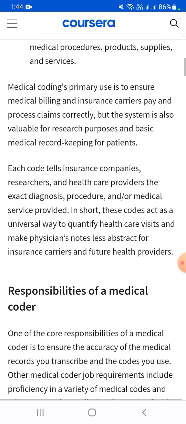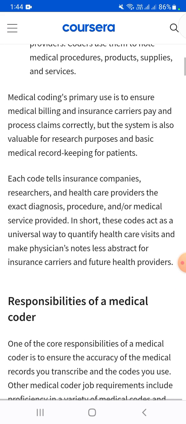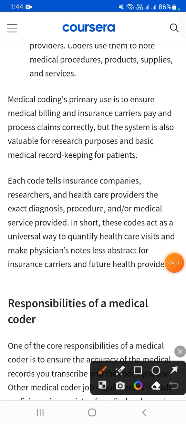Medical coding's primary use is to ensure medical billing, so insurance carriers pay and process claims correctly, but the system is also valuable for research purposes and basic medical record keeping for patients.